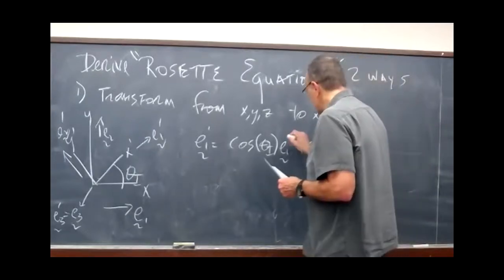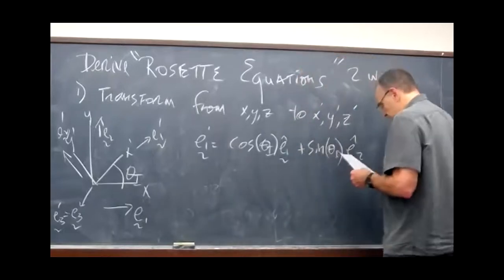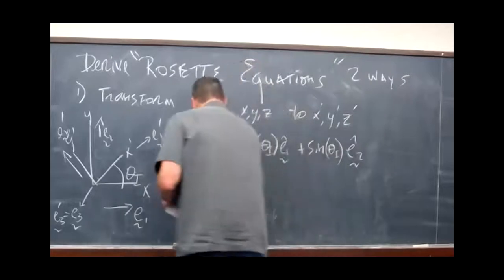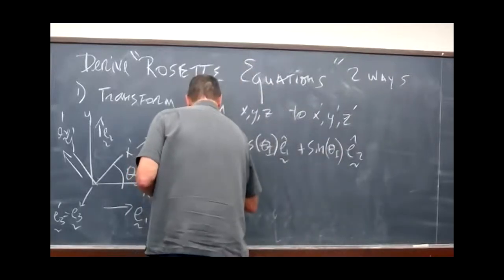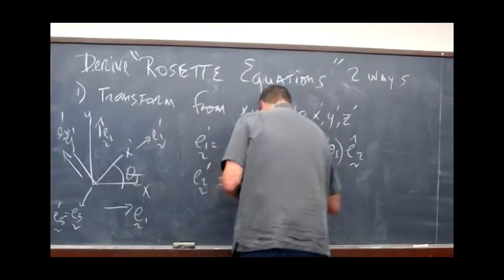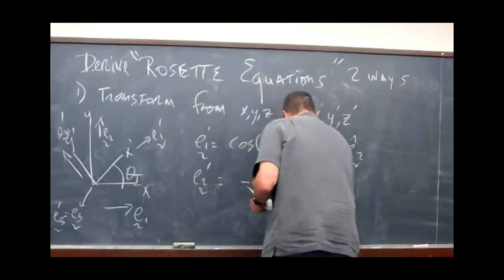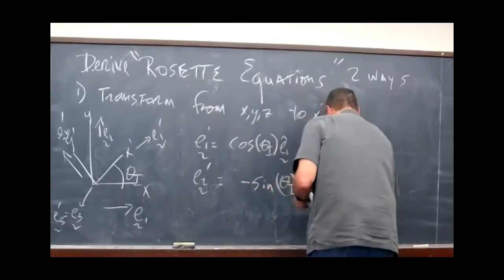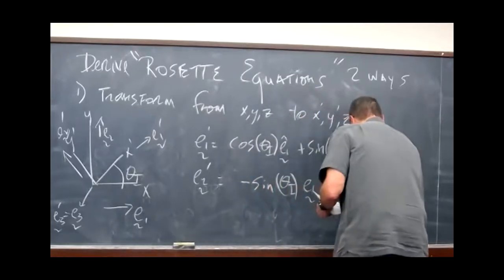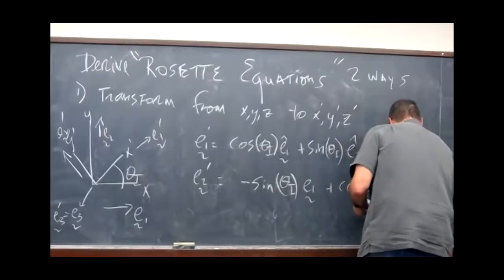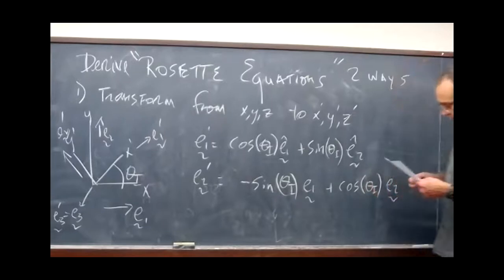And remember, these are basis vectors, so they'll have little hats because they're all unit vectors. And then E2 prime in terms of E1 and E2.